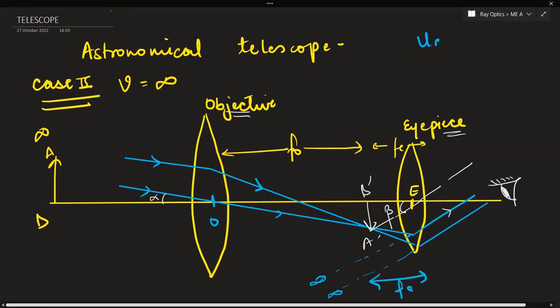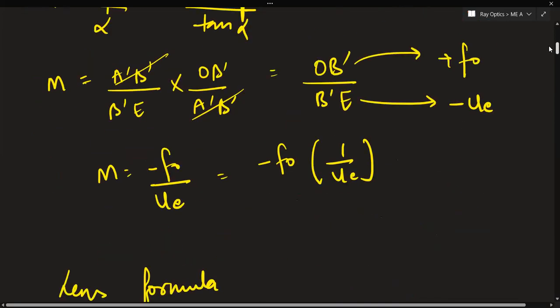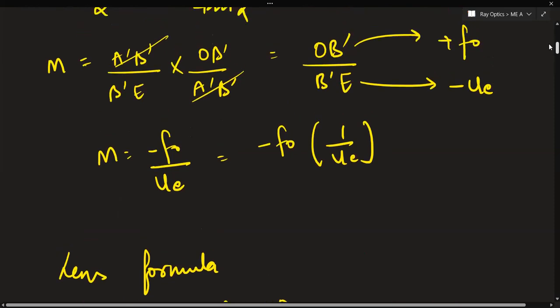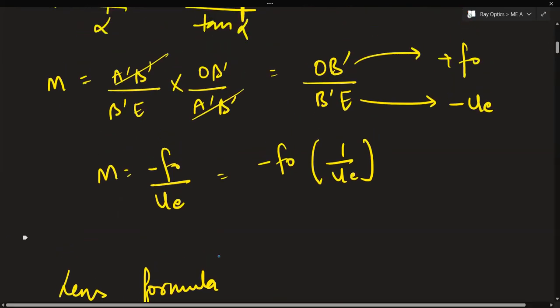That was initially the object distance. Object distance is now equal to the focal length of the eyepiece. This will be the difference. Rest, F naught and everything, will be the same. Same thing here also, the difference will be there in the magnification as well. So magnification will be the same till this part, because now the lens formula is not needed.